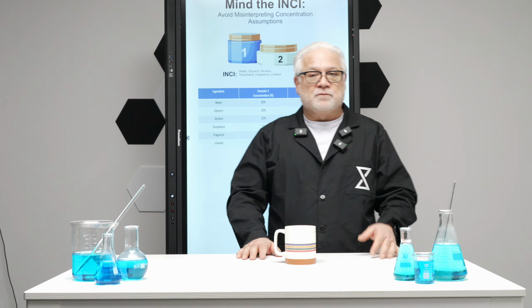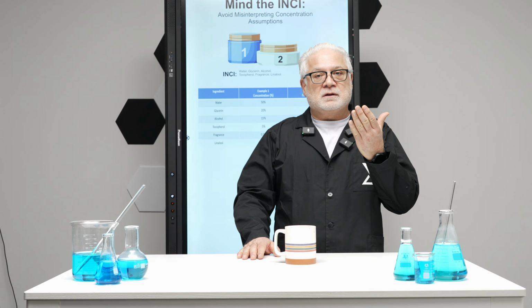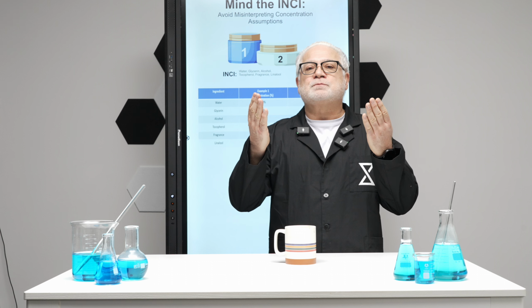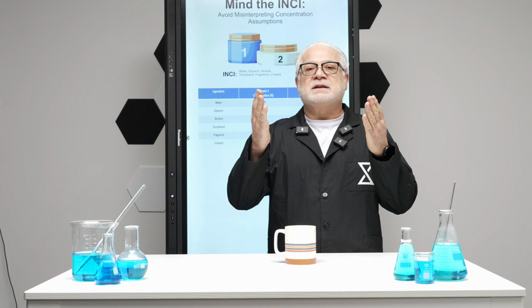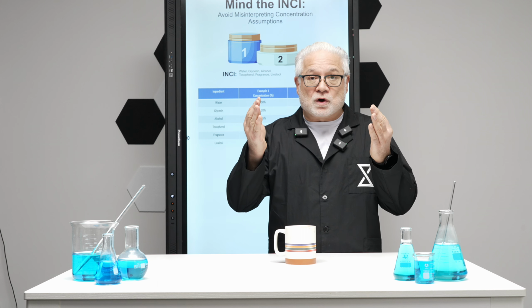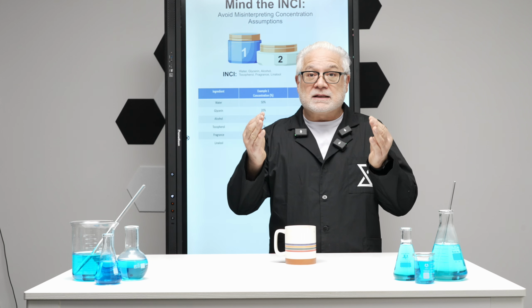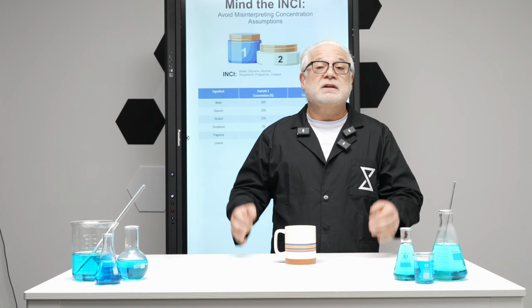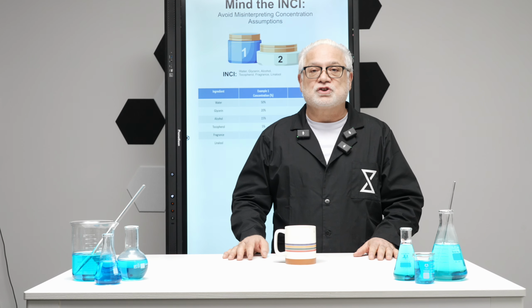So remember, when you look at the back of the label and you want to compare two products, you cannot 100% determine accurately that because the two ingredients are the third one from the list or the second one from the list has the exact, even the first one has the exact same concentration.